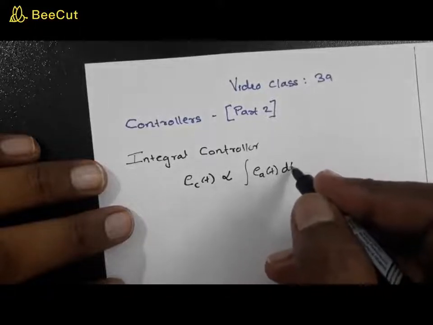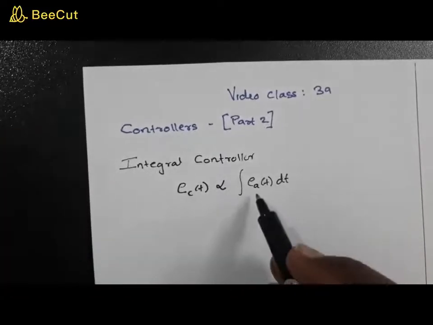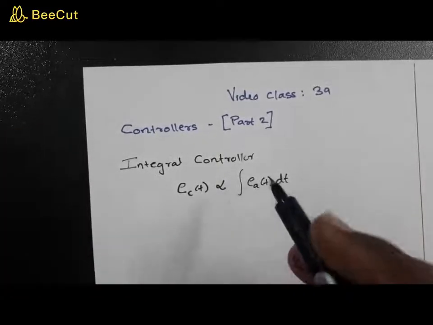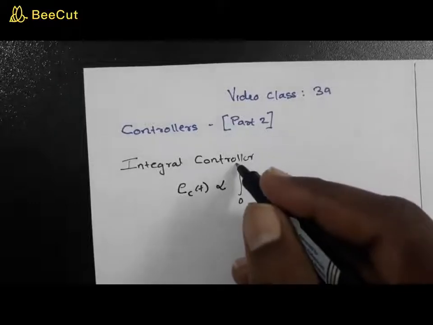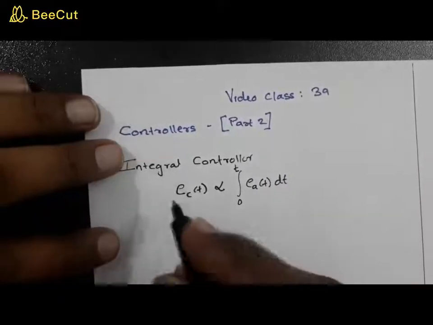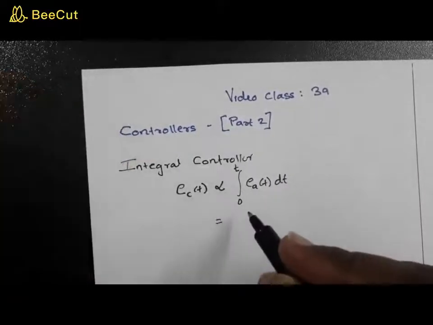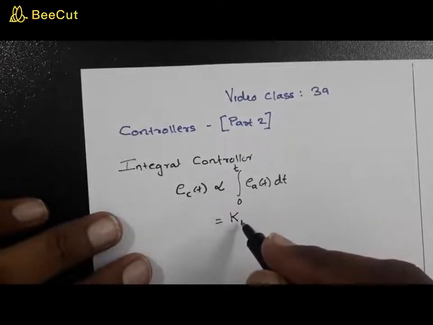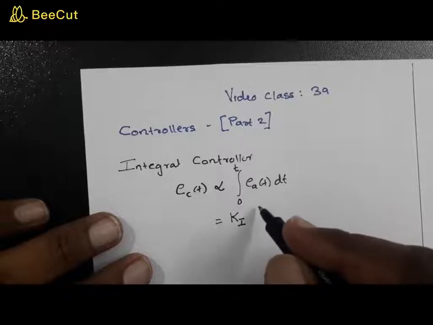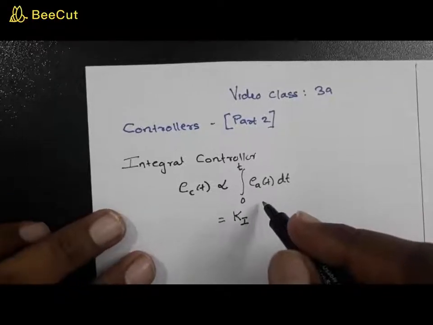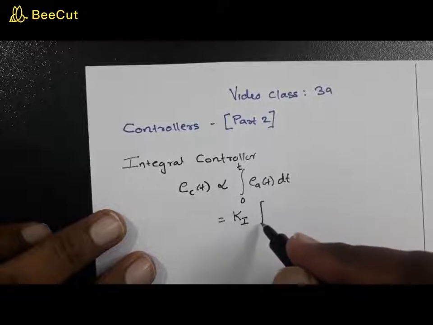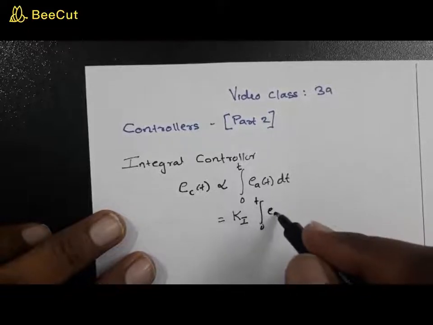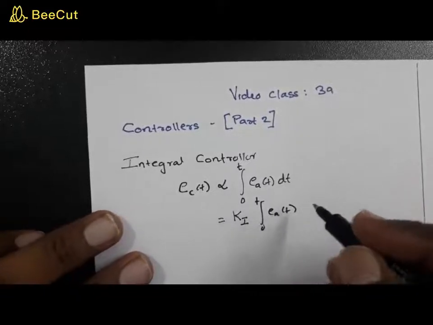This is a time domain signal, so the integral of the actuating signal EA of t from 0 to t, and you can equate it with a constant of proportionality, which I'm calling Ki, into the integral from 0 to t of EA of t dt.